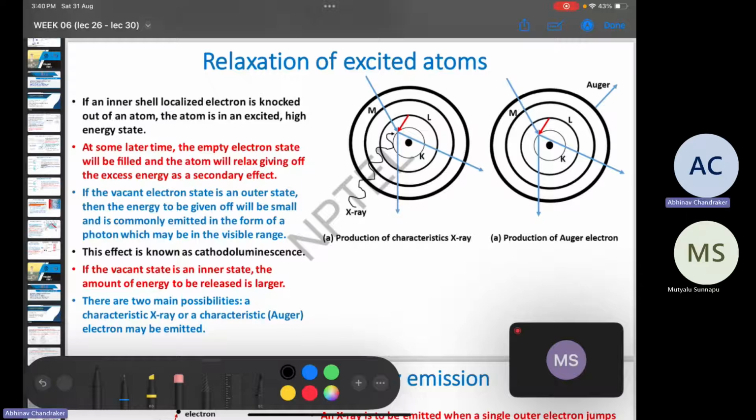So once the atom is excited, to reduce the potential energy of the atom, electrons from outer shells will jump to the inner shell. For example, if it happens from L to K shell, there will be a generation of X-ray having some wavelength corresponding to this transition.